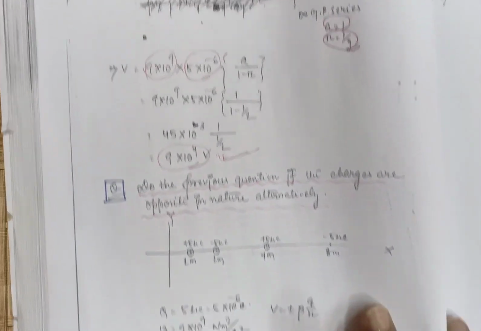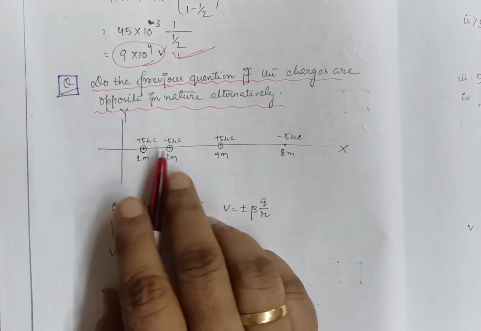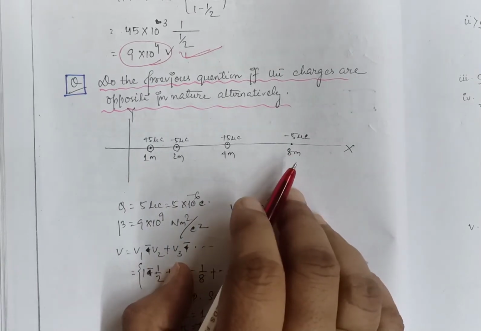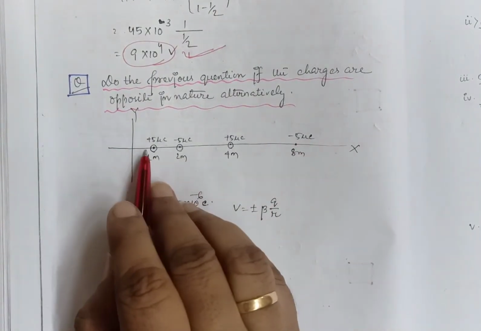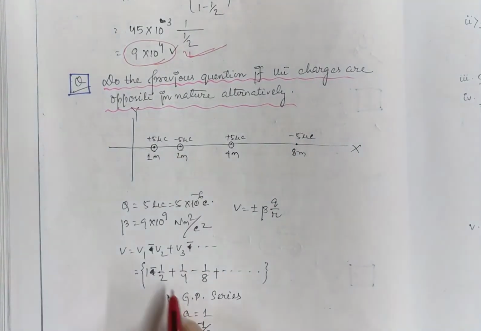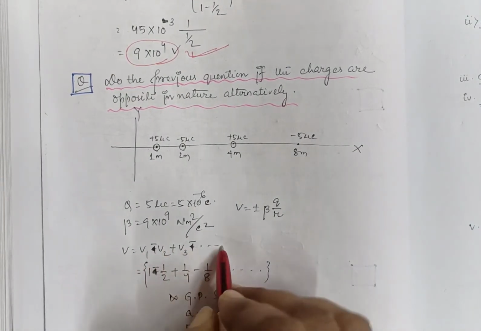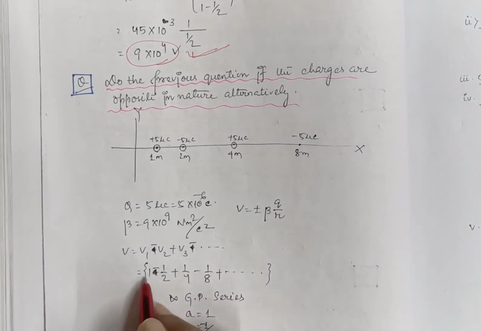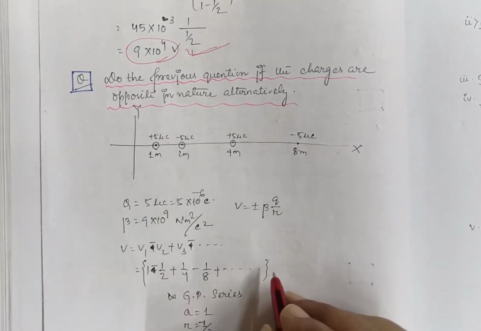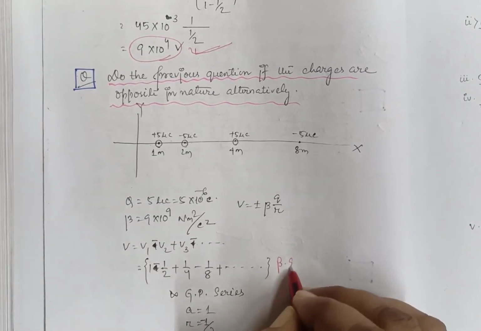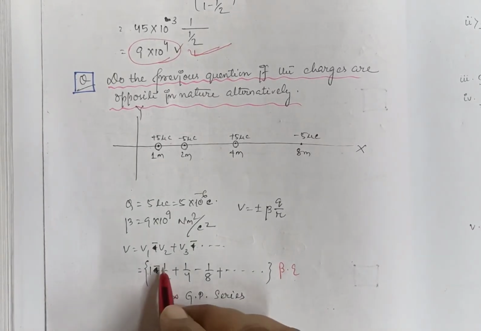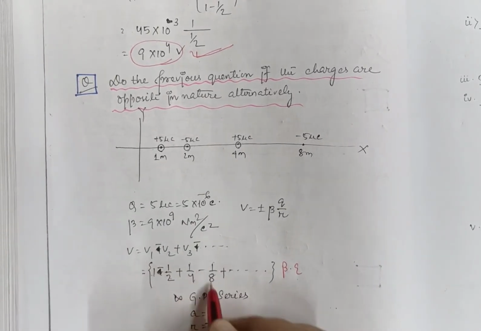Then a similar type of question, but alternately positive and negative charges are given. When we add, the first term is positive, then the second term will be negative. So in this problem, V1 minus V2 plus V3 minus V4 and so on. Here k and Q are taken outside. Inside, the first term is 1, then minus 1 by 2, plus 1 by 4, minus 1 by 8.